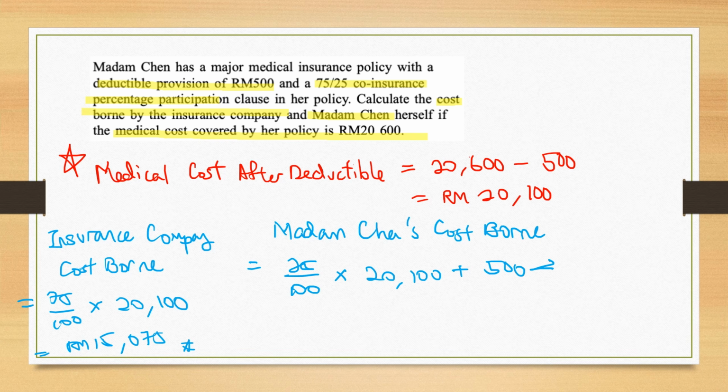This is again a formula you need to be aware of. So the final answer would be 5,525 ringgit.